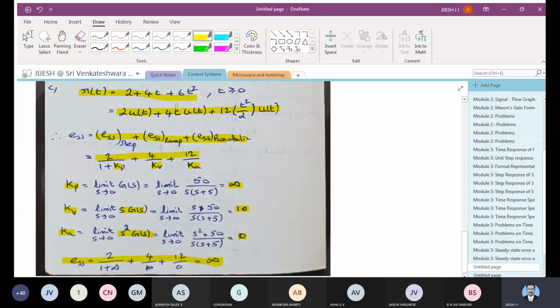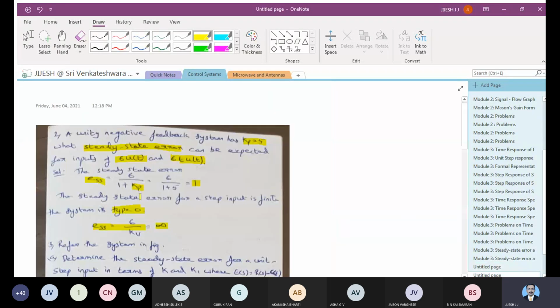So ESS you calculate has to be the combination of all the three. But here they have given separate inputs, 6 u of t and 6 t u of t. They are asking you to find out ESS for the step function separately and the ramp function separately. So you'll get ESS equal to 1 and ESS equal to infinity.